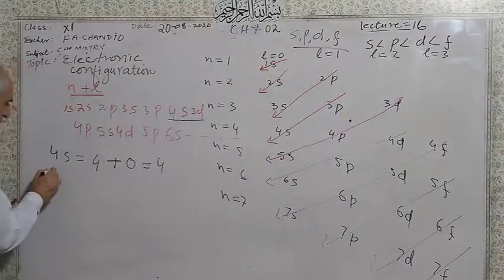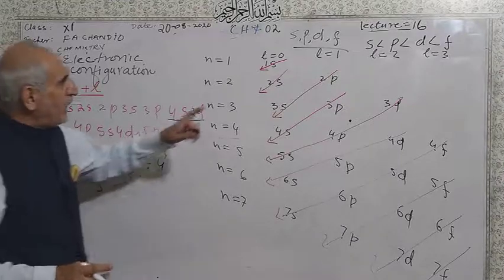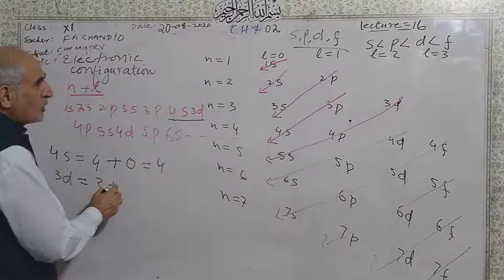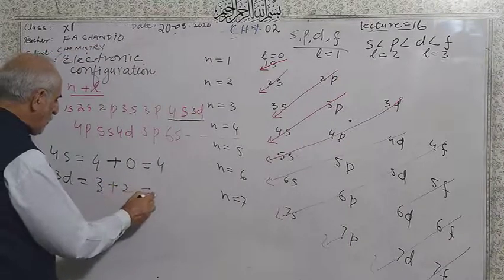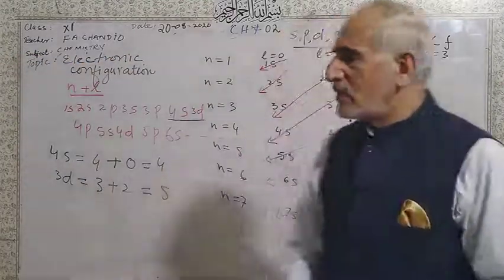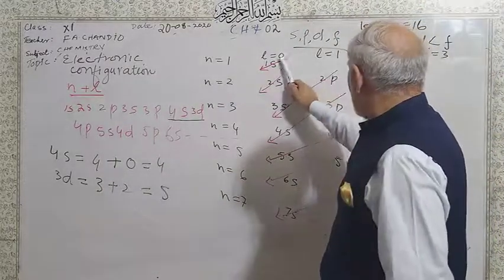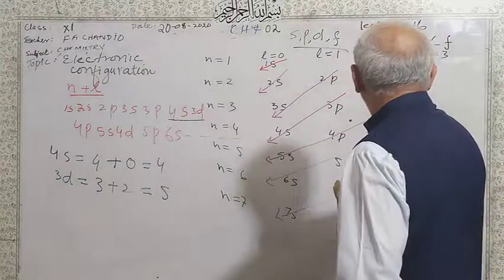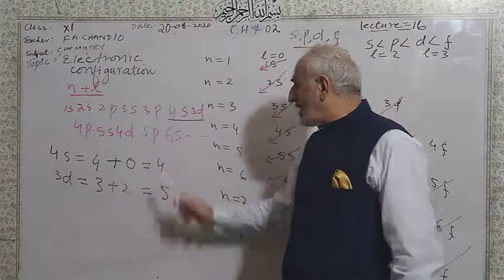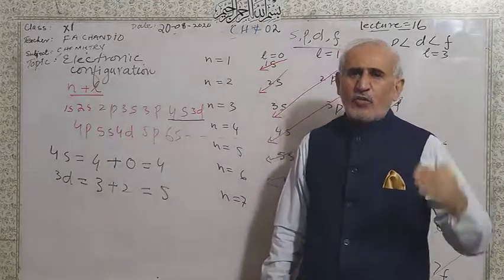Now if you see the 3d, this is a 3 and the d value is 2. So 3 plus 2, 5. So the energy of 3d is 5. So 5 is greater than 4.